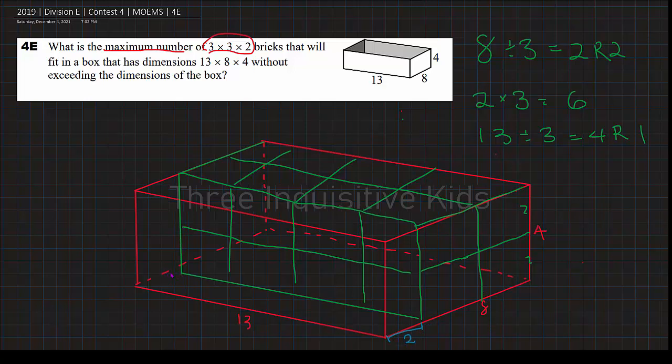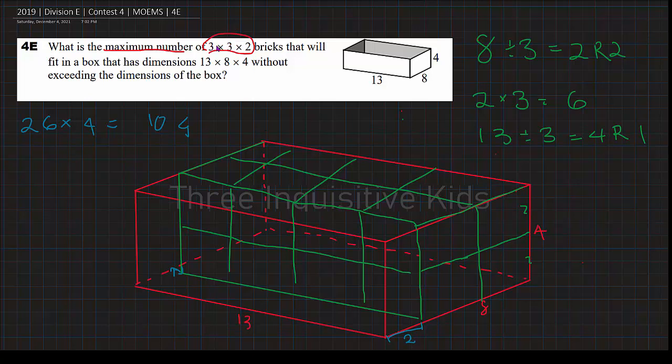And over here, what is the remainder? 1. So we have 13 times 2, that's 26, times 4. What's 26 times 4? After you do the math, you get 104.